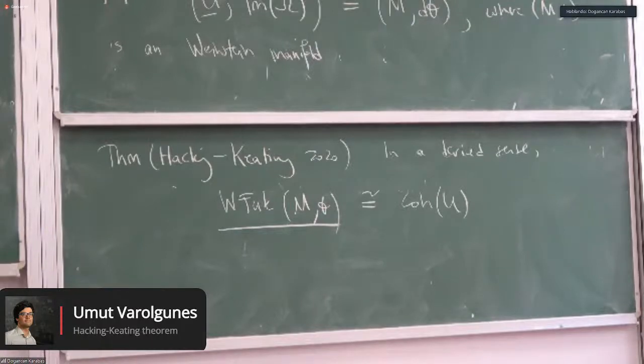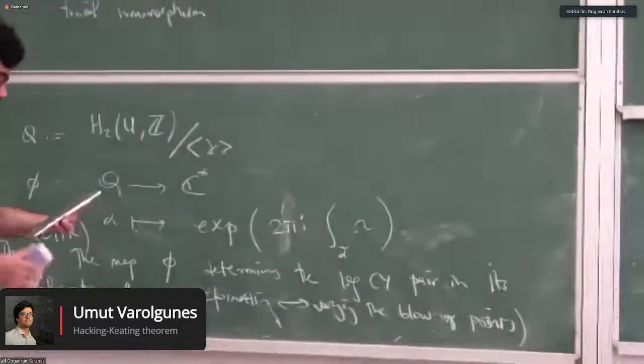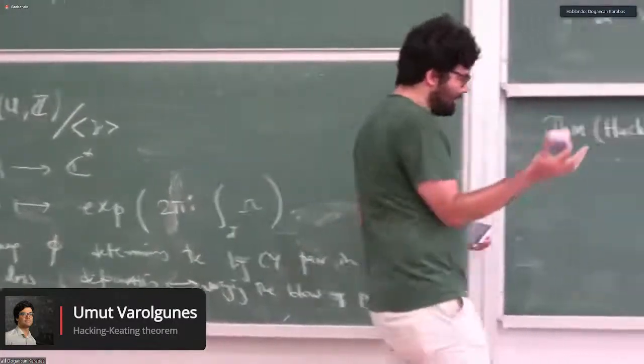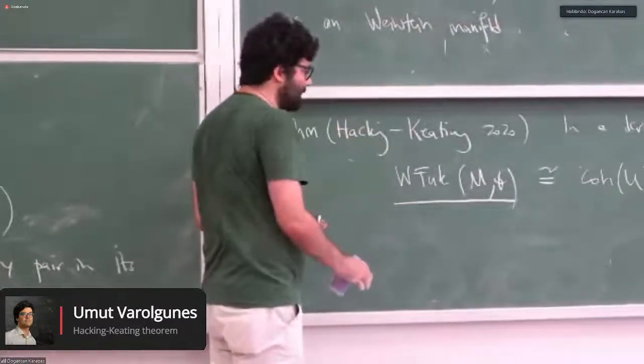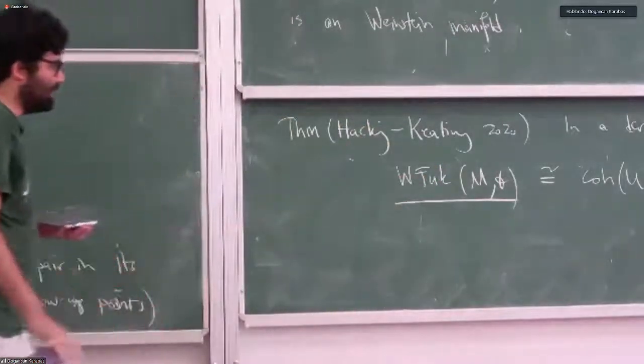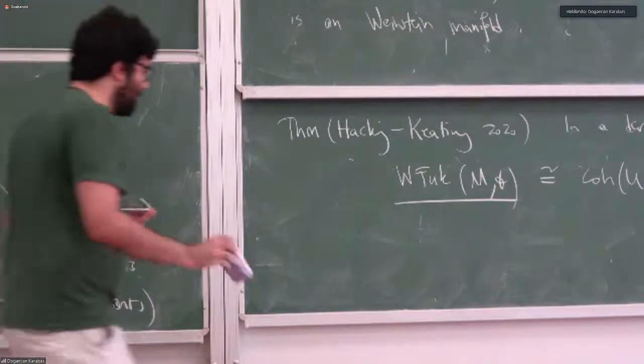So I motivated it through a bunch of intuition, but at the end of the day, you get an actual theorem. Something that I want to remark is that there's this proof by Hacking and Keating, which relies on their experience with both sides of this, but I think sheaf theoretic proofs probably exist, and they're probably also easier. Great.